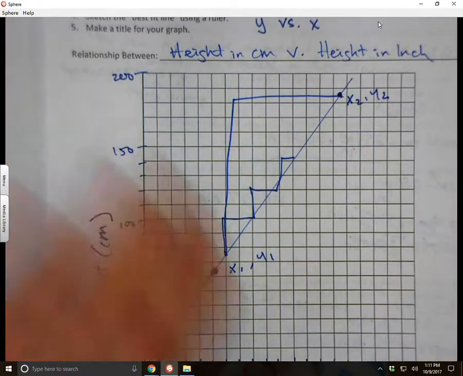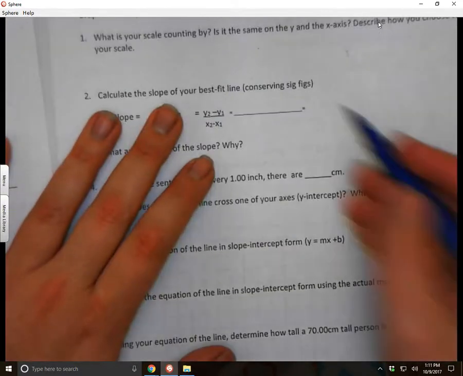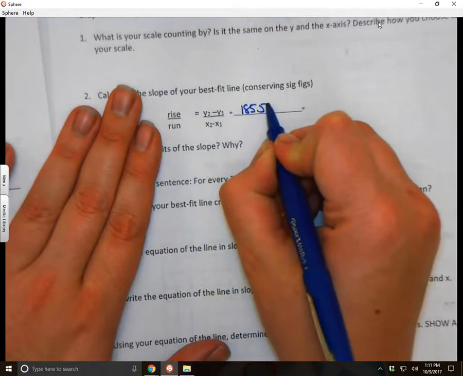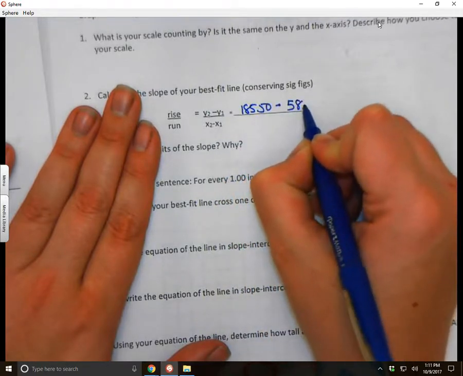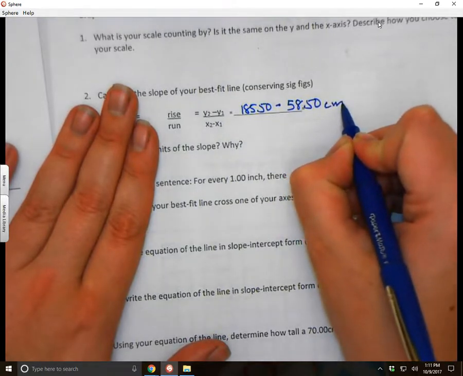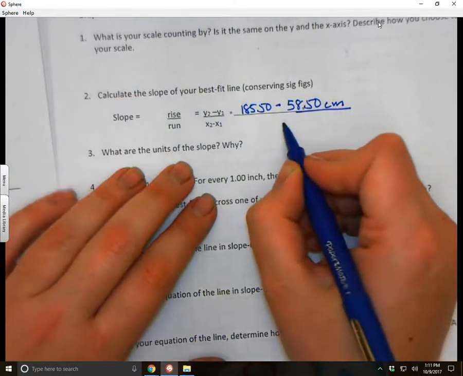So 185.5 minus 58.5. Don't forget units. On the y-axis is our centimeters, divided by what's on our x-axis, which for me was 73 minus 23 inches.